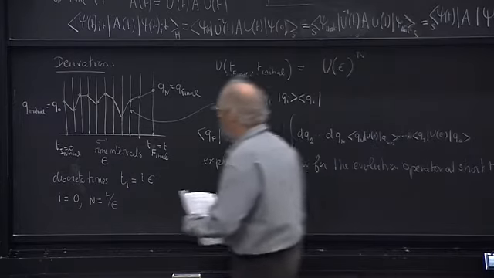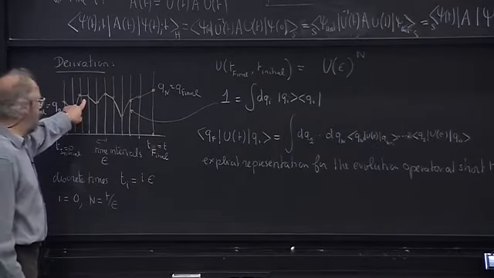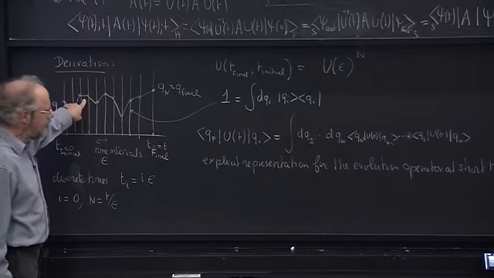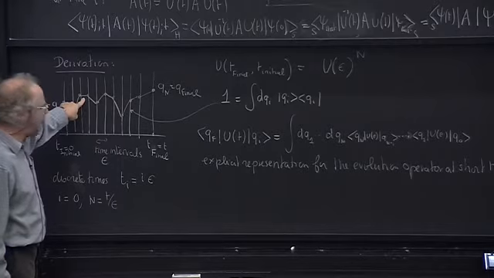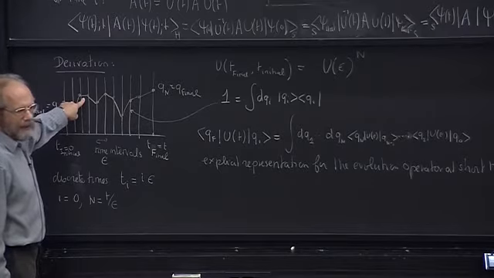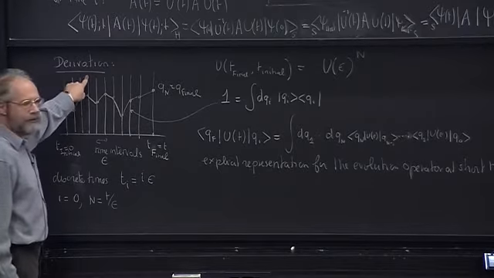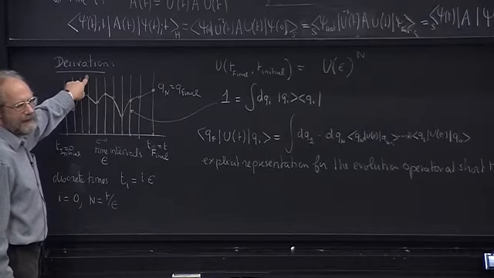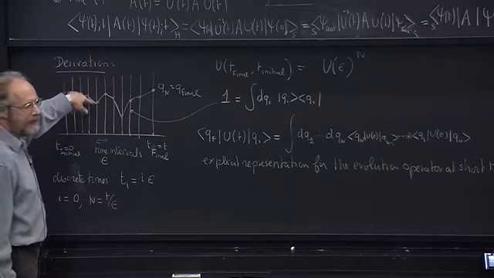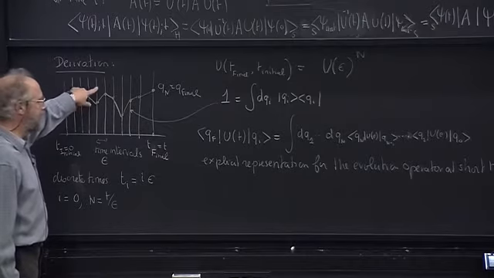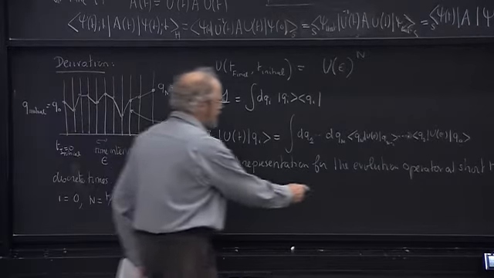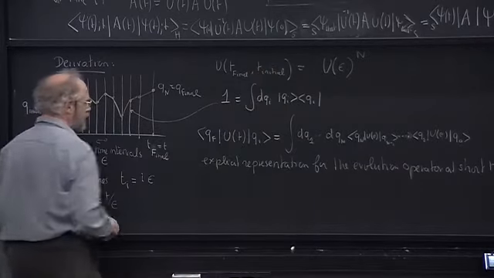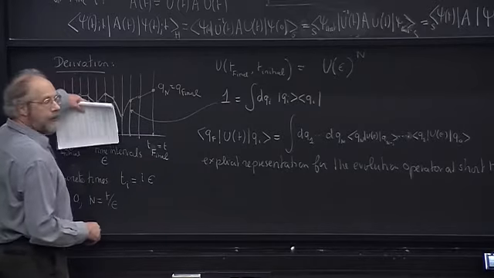Because if the time evolution is short enough, well, that's a hand-waving argument, but it can be made rigorous, the particle has a very low probability of going to a point which is very far apart, because there is a cancellation of probabilities, an interference between probabilities. So basically, all that counts is the difference between a given point q_i and a point q_{i+1} when the points are not far apart.